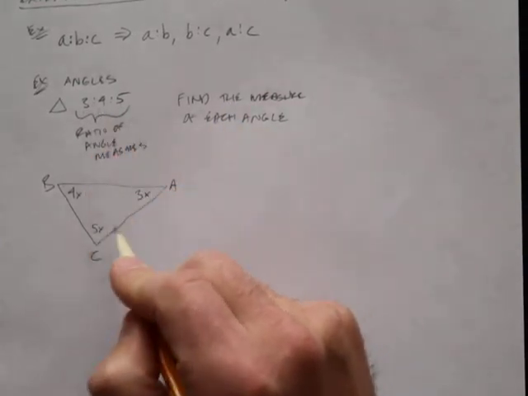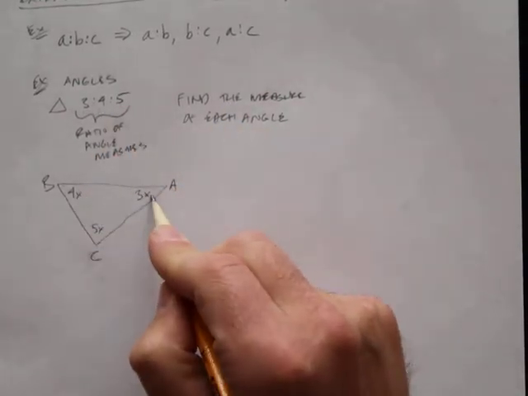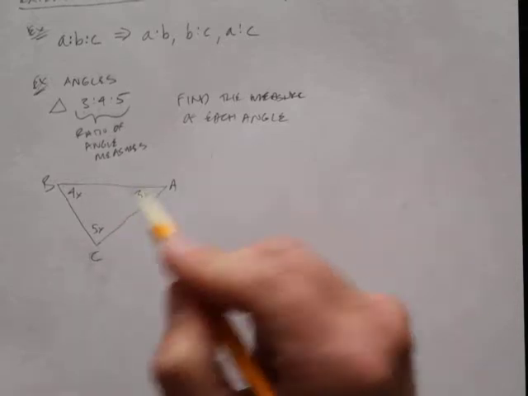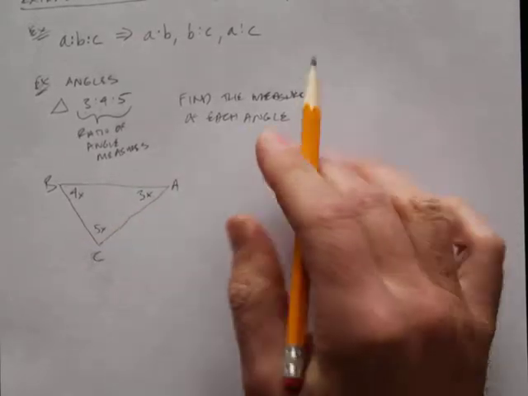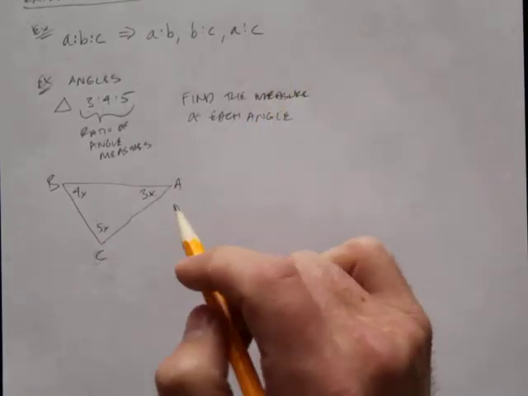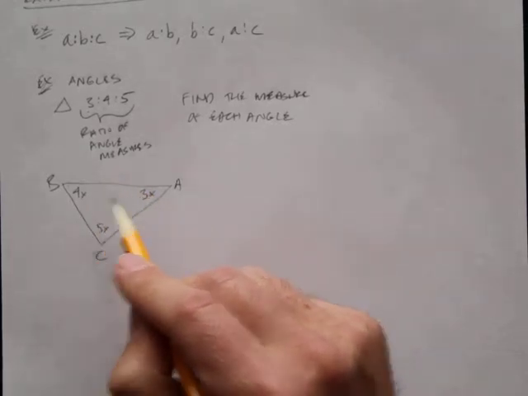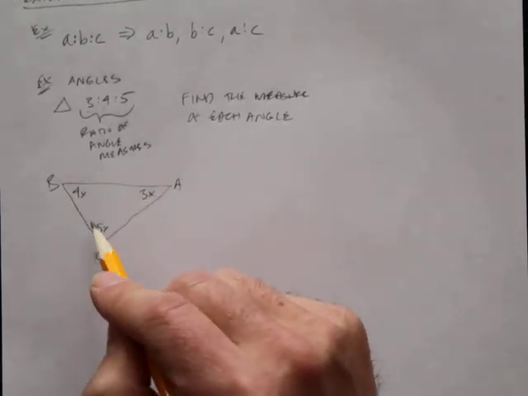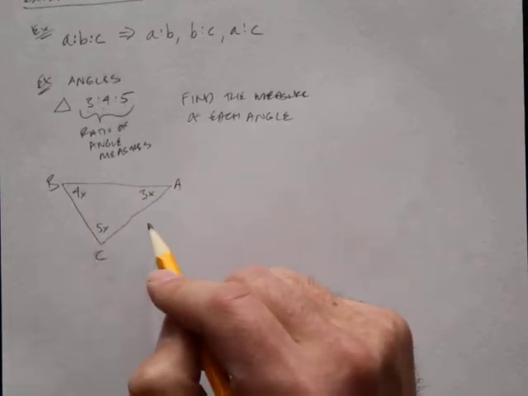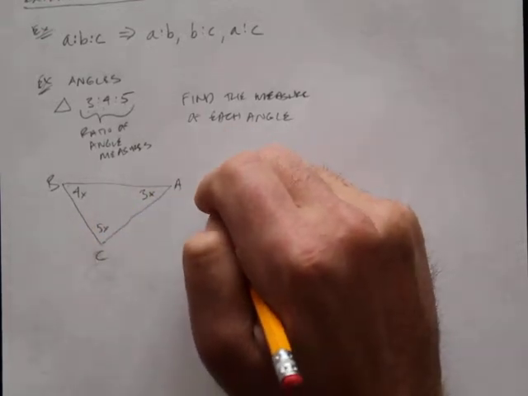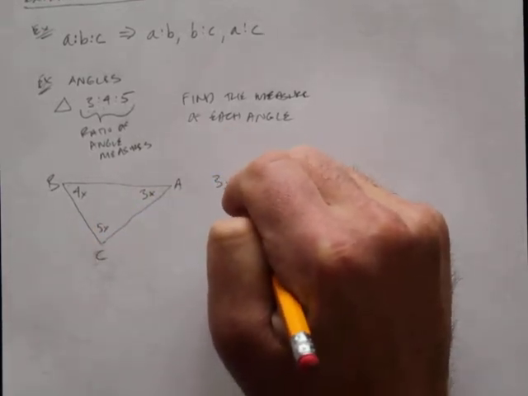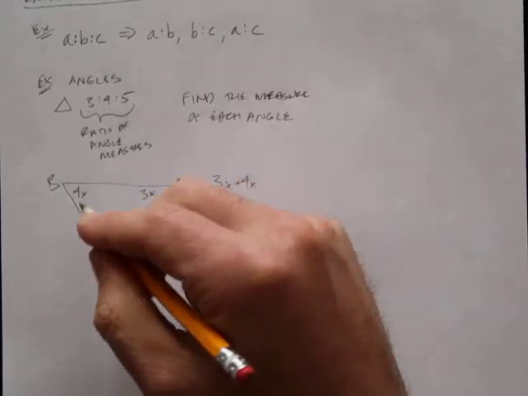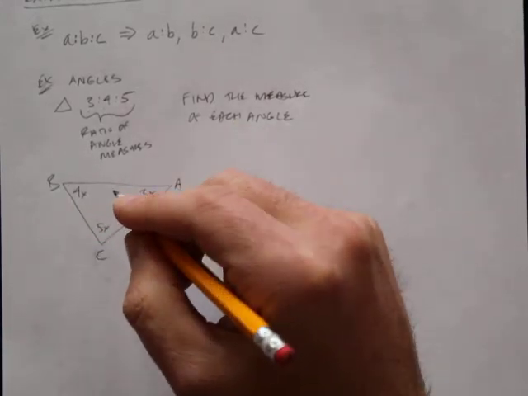And they're all going to be multiplied by the same number in order to make an equivalent ratio. Now that I have this all written out, I know that if I were to add all of these angles together, I would get 180 degrees because that's the sum of the interior angles of a triangle.